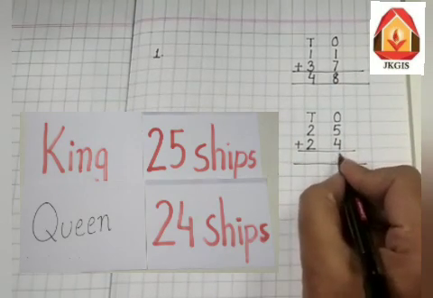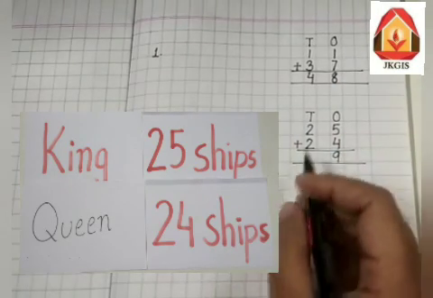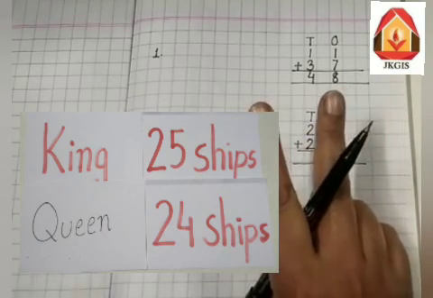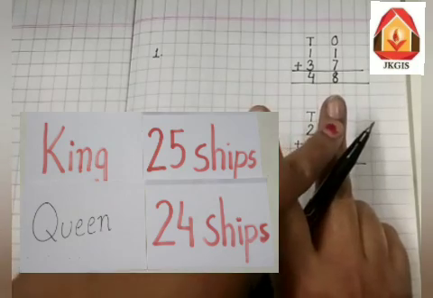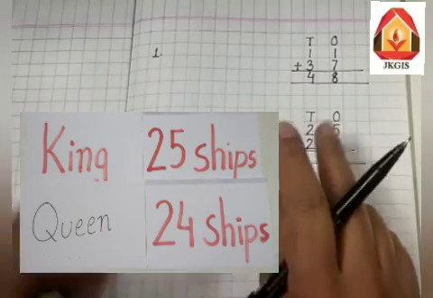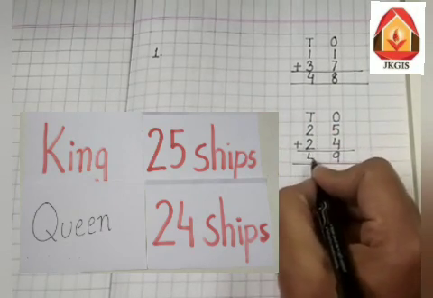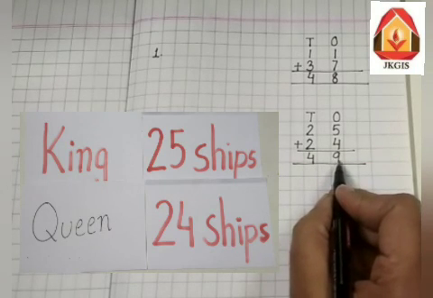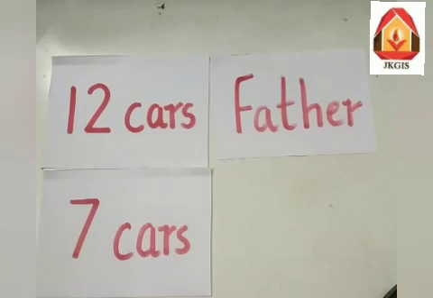So 5 plus 4 is equal to 9. Then 2 plus 2. 2 in your mind, 2 on your fingers. 3, 4. So the total number of ships is 49.